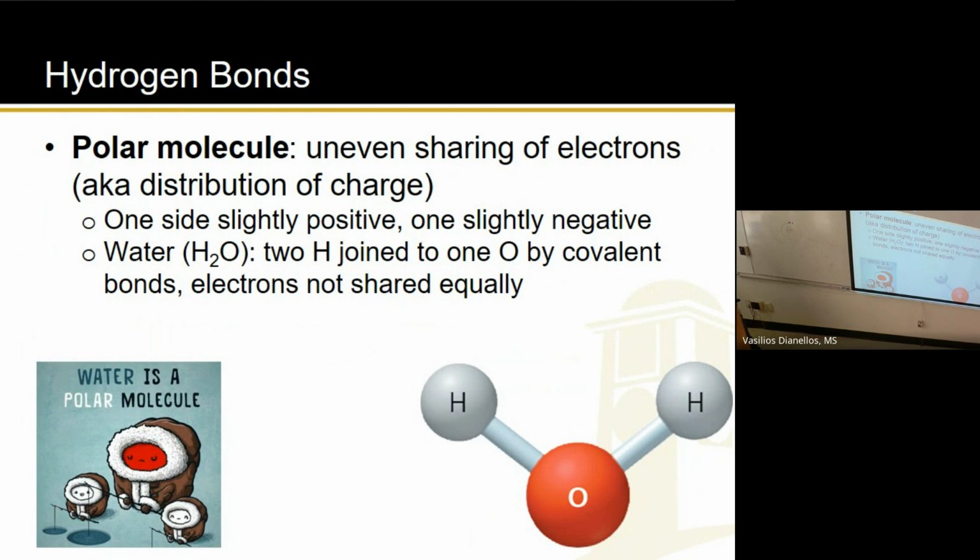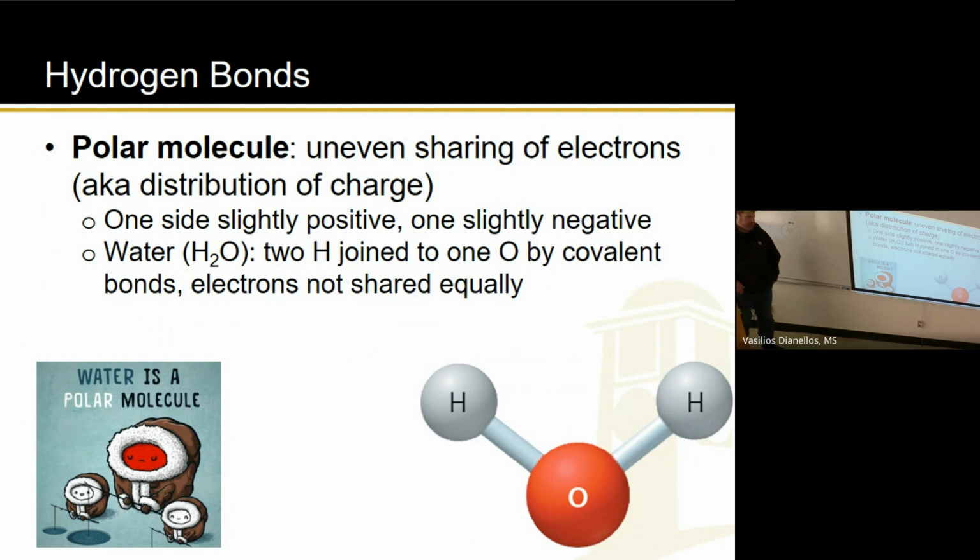I don't know how good your eyesight is, but can anybody tell me what the atomic number of oxygen is? And hydrogen too, while you're at it. It's nothing you need to memorize, but can you see it? 8? Yep. So the atomic number of oxygen is 8. What about hydrogen? 1. Very good.